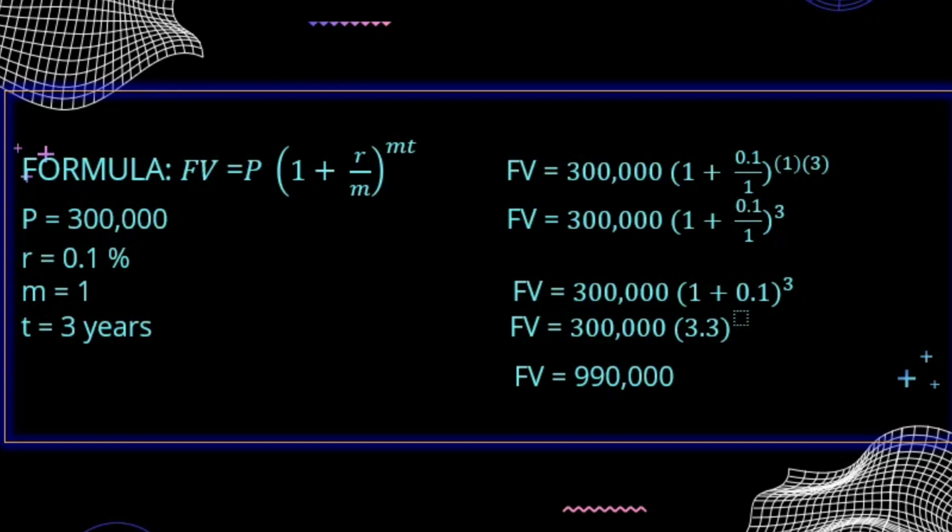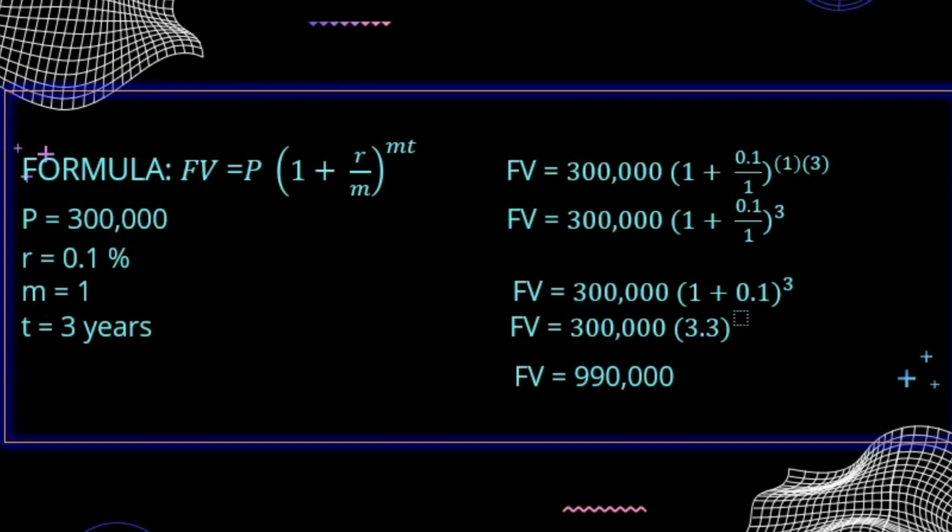And then our exponent is going to be, of course, M times T, our term of loan. So first thing we need to do is multiply 1 and 3, which is our MT. So 1 times 3 is equal to 3.